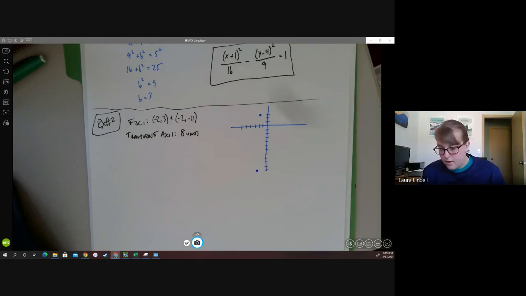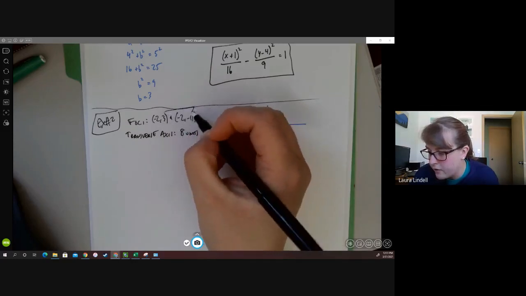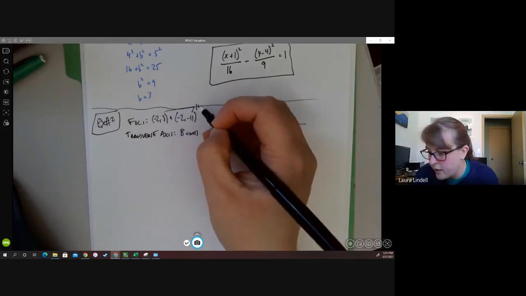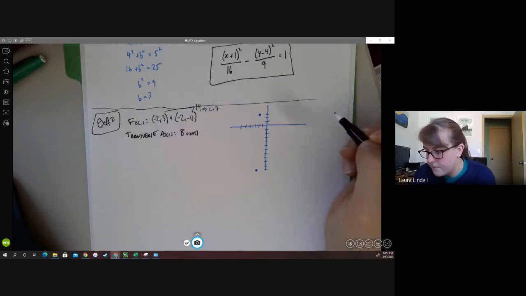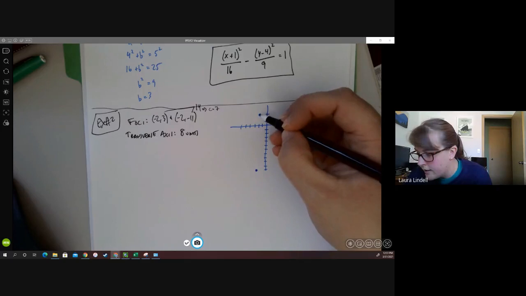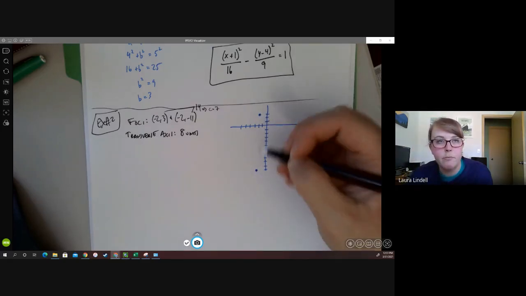But once we find the center, we can use the transverse axis to help us with some other stuff. So the center is also halfway between the foci. You can think of it as, from 3 to -11, the difference there is 14. That means that c is 7. So I could go down 7 from here or up 7 from here, and that would make me halfway in between these two.